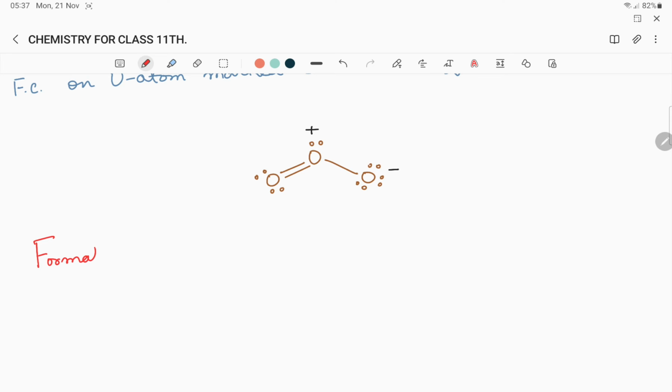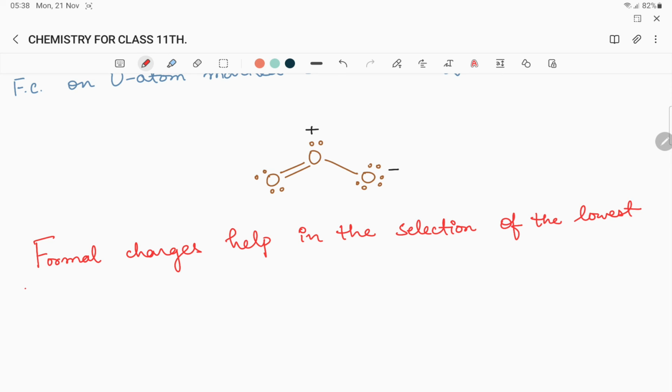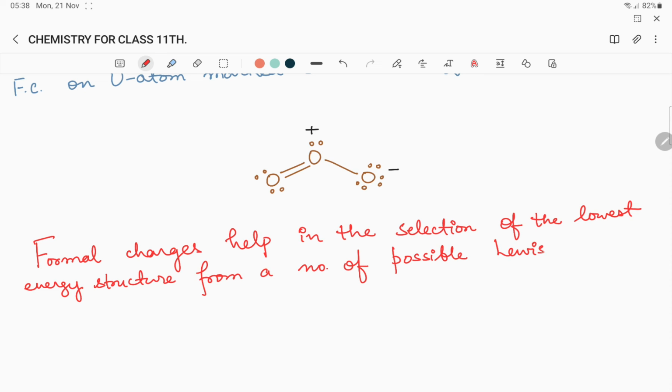Formal charges help in the selection of the lowest energy structure from a number of possible Lewis structures for a given species.